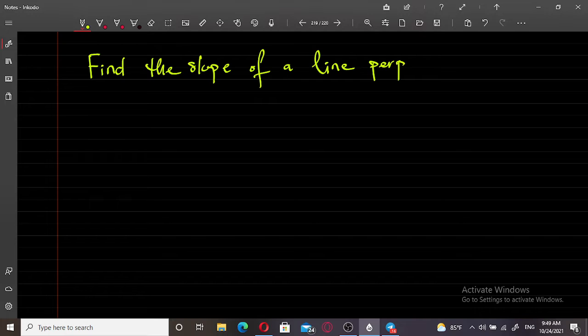I just want to talk about the perpendicular of a line that we discussed yesterday. The problem is to find the slope of a line perpendicular to each given line.